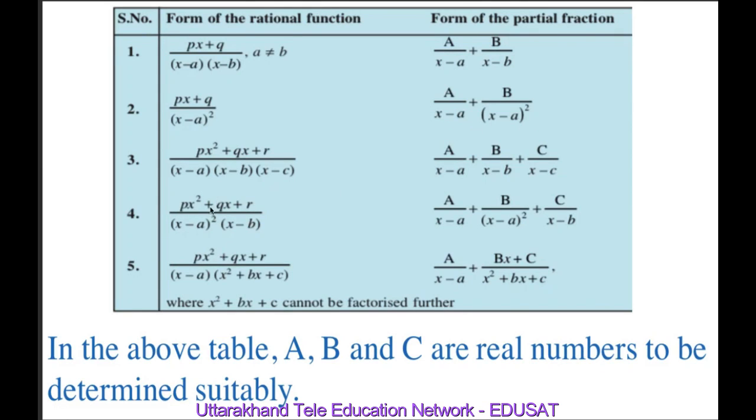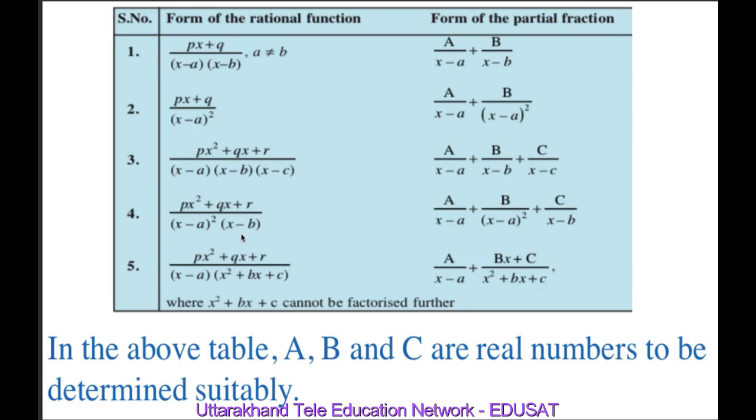If we have the power 3 here, then we will add one more term, C upon (x minus a) whole cube, and so on. And for another factor x minus b, we will write C upon (x minus b). So if the factor is repeating, then we first write the first factor, then the power 2, and keep increasing the power according to this function.